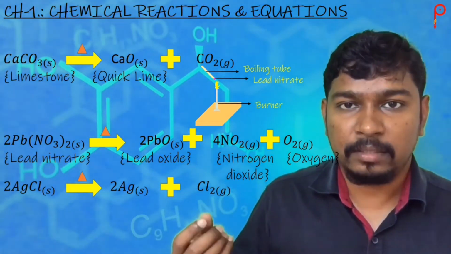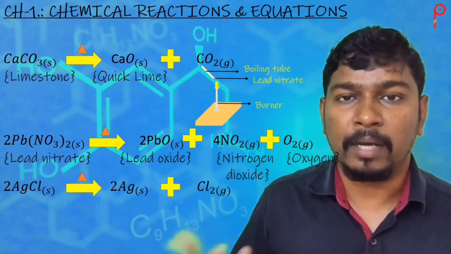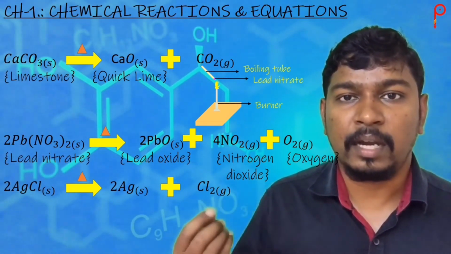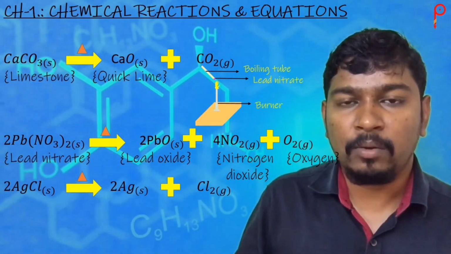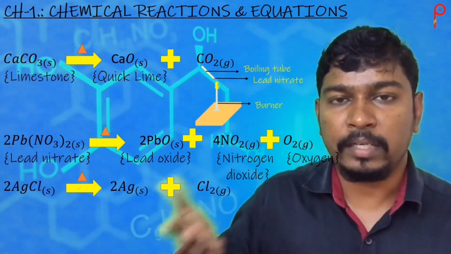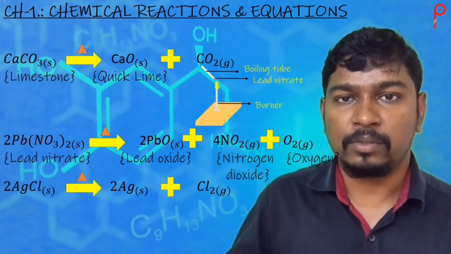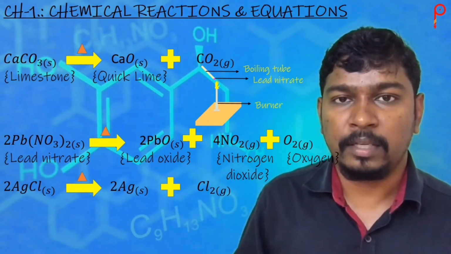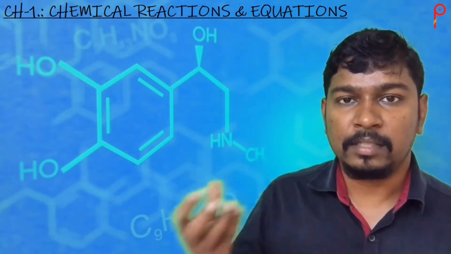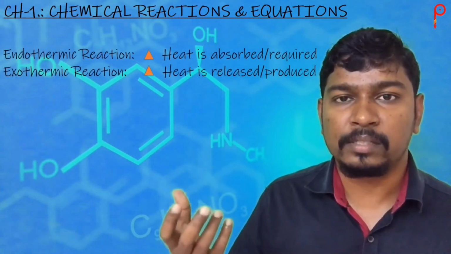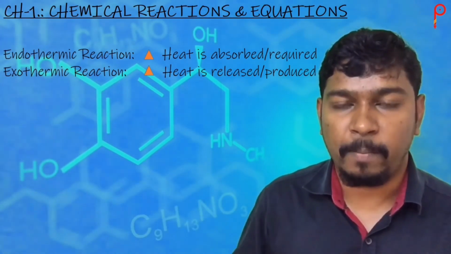So in this example, we didn't heat using a burner. Only sunlight was enough for the heating purpose. So somehow we have to provide heat. It will require heat, it will absorb heat. Thus, this reaction is known as endothermic reaction.